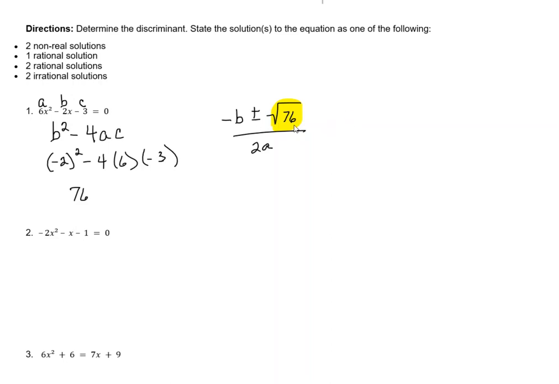So if it ends up having a square root in my answer, it is an irrational answer. Irrational. And another thing that I need to figure out here is how many of these numbers I have. Well, since I have a positive and a negative, I have two irrational answers or solutions.